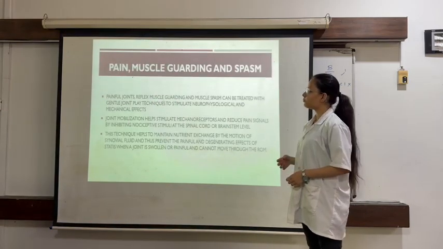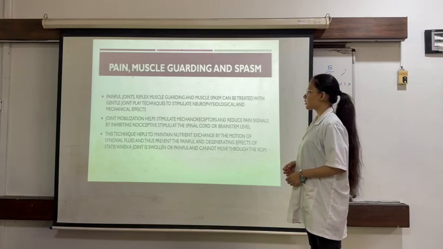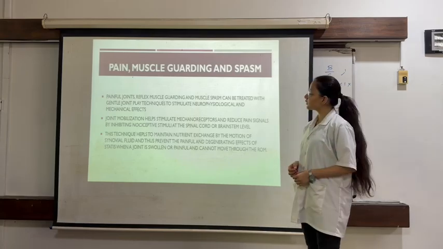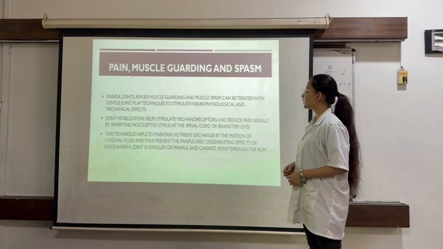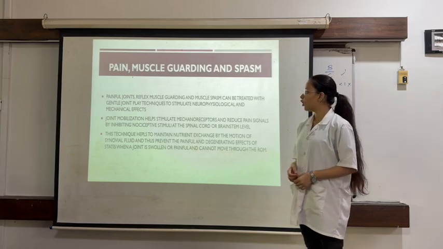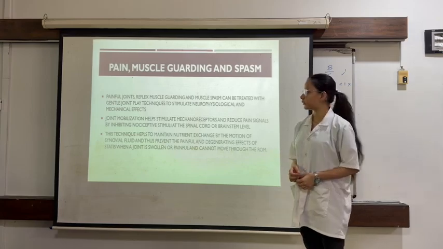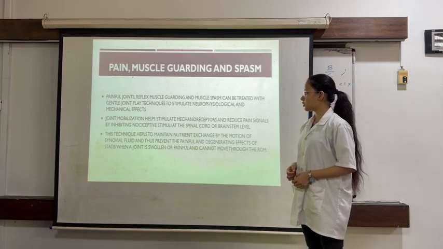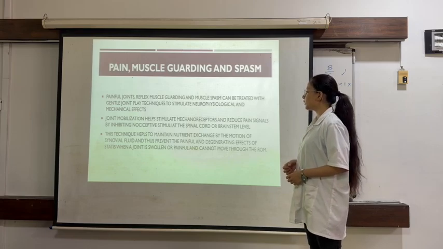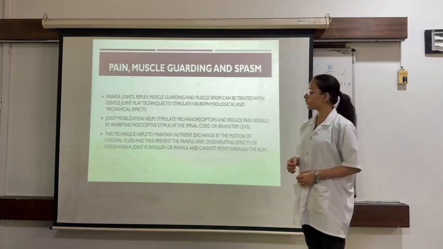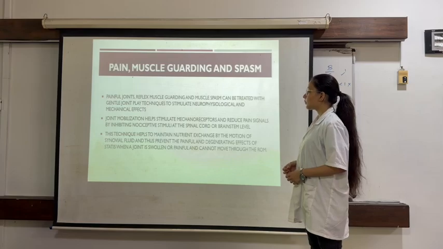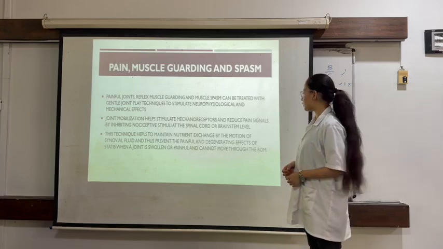First, we'll see pain, muscle guarding, and spasm. Painful joints, reflex muscle guarding, and muscle spasm can be treated with gentle joint play techniques to stimulate neurophysiological and mechanical effects. Joint mobilization helps to stimulate mechanoreceptors and reduce pain signals by inhibiting nociceptive stimuli at the spinal cord or brain stem level.